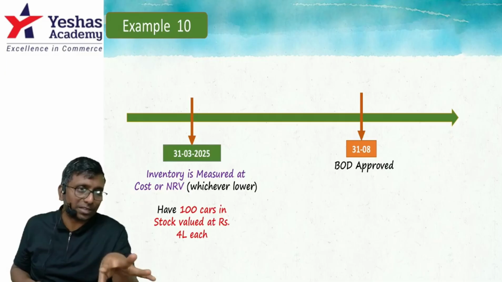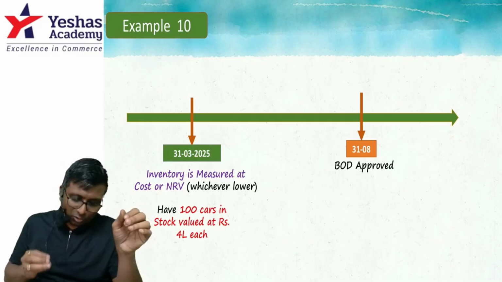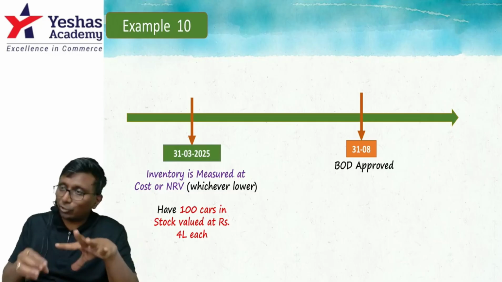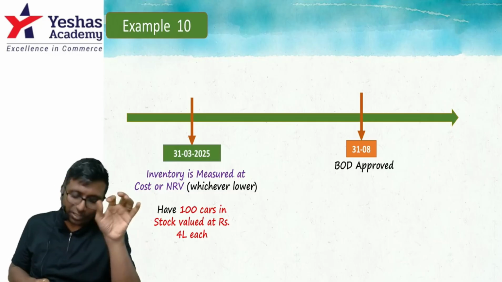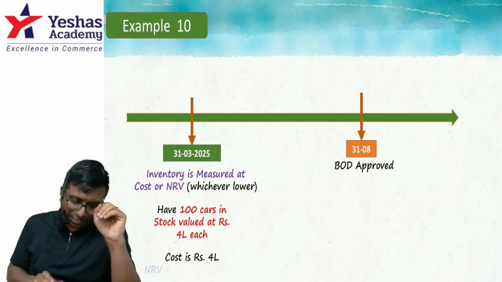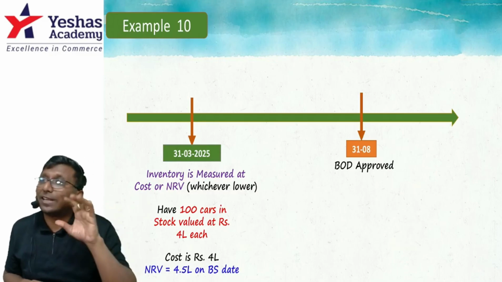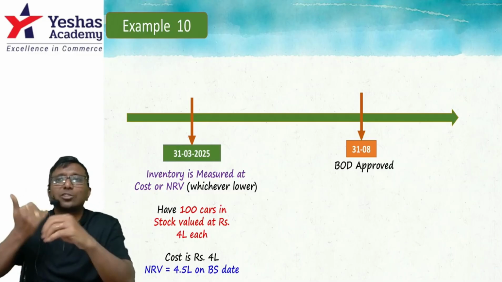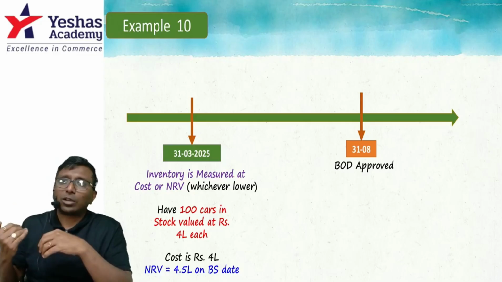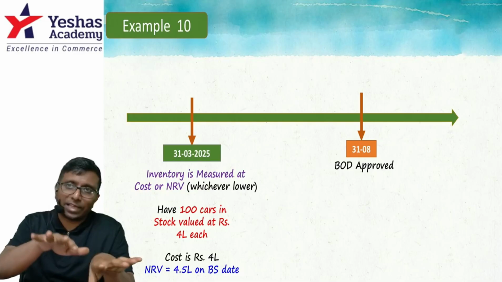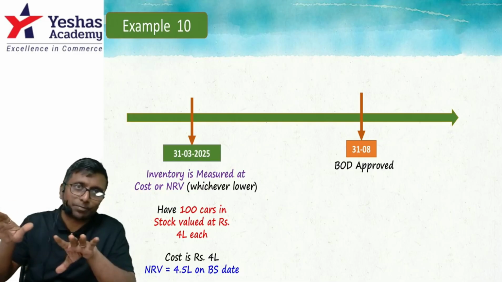Your 100 cars are in stock and valued at 4 lakh each. Why 4 lakh? Because the cost that day is 4 lakh. NRV as on the balance sheet date is 4.5 lakh rupees. Whichever is lower, 4 lakh per car. Total 100 cars like that I have. Understood?